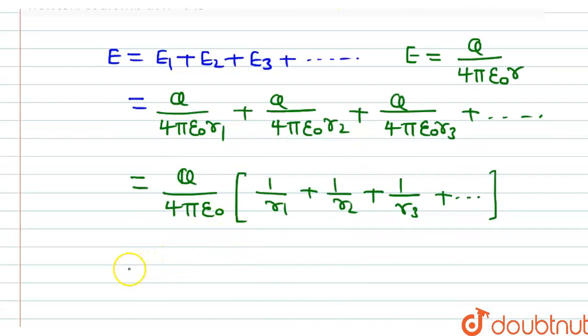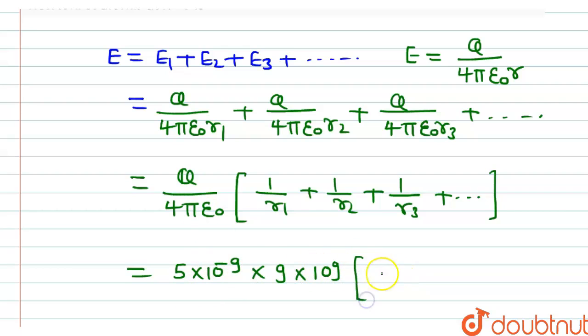Now putting respective values here, the value of charge is 5 into 10 raised to the power minus 9, and the value of 1 upon 4 pi epsilon naught is 9 into 10 raised to the power 9. In bracket, actually it is Q divided by R square, so it will be 1 upon R1 square, R2 square, R3 square.